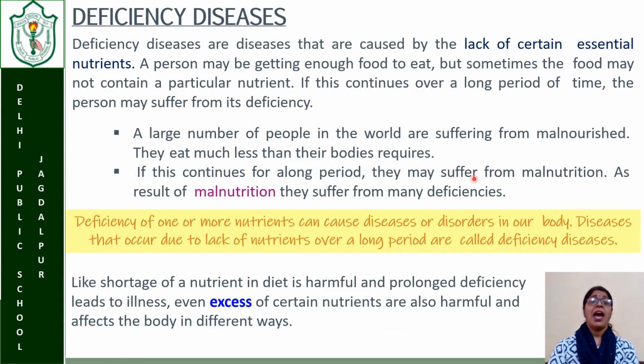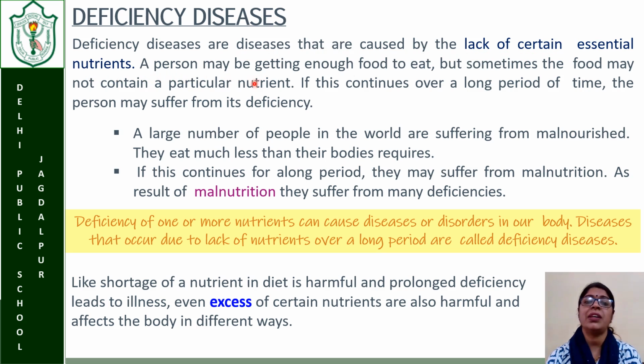Now, as I have said, what do deficiency diseases mean? If you are not including an appropriate amount of nutrients in your food, then what are you going to cause? This is going to cause you deficiency disease. Deficiency diseases are the diseases caused by the lack of certain essential nutrients.